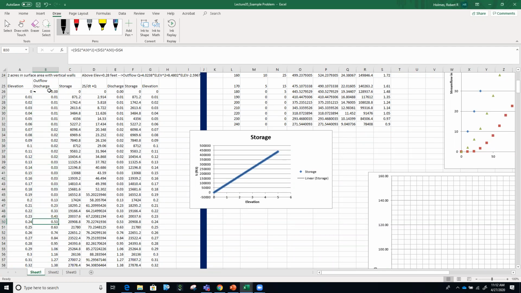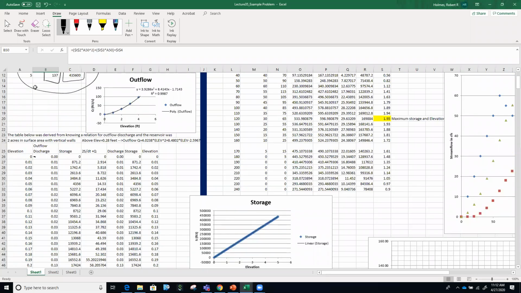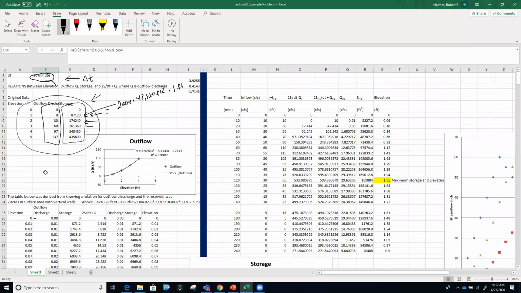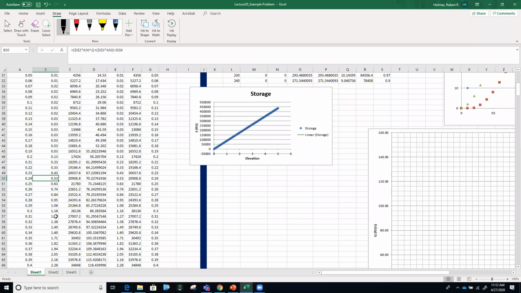So you can see for an elevation of 0.24, I'm saying that the outflow discharge is 0.53. That's just an interpolated value between discharge of 0 at an elevation of 0 and a discharge of 8 CFS at an elevation of 1 foot.